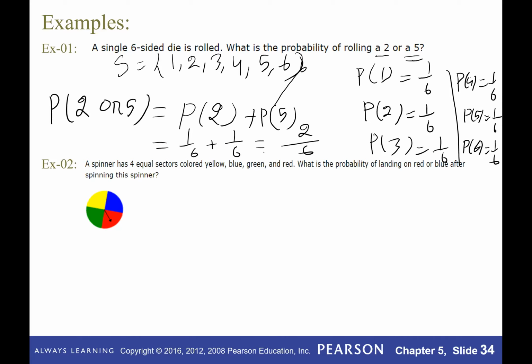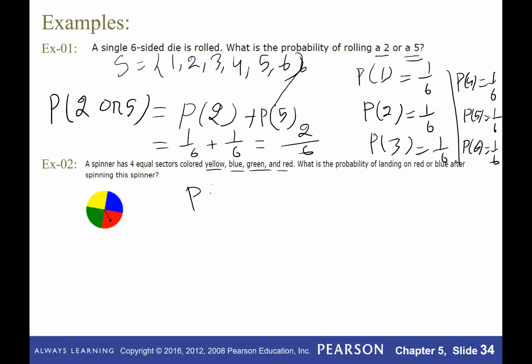The second example is a spinner that has 4 equal sectors colored yellow, blue, green, and red. So this spinner has 4 colors. What is the probability of landing on red or blue after spinning this spinner? Landing on each color, the probability is the same because it has equal chances.